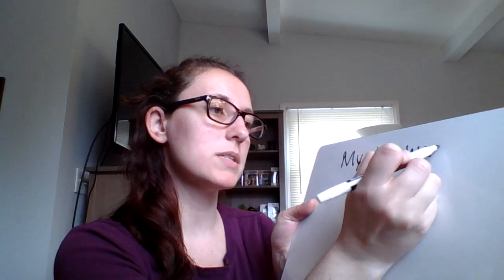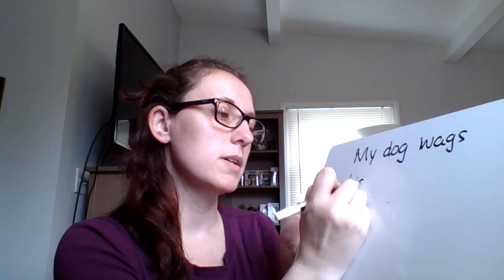And when we use the example that I wrote, my dog wags his tail, we had to not only change the dog to plural to make it with an S. I'm going to write this quickly, so it's probably going to be sloppy. My dog wags his tail.